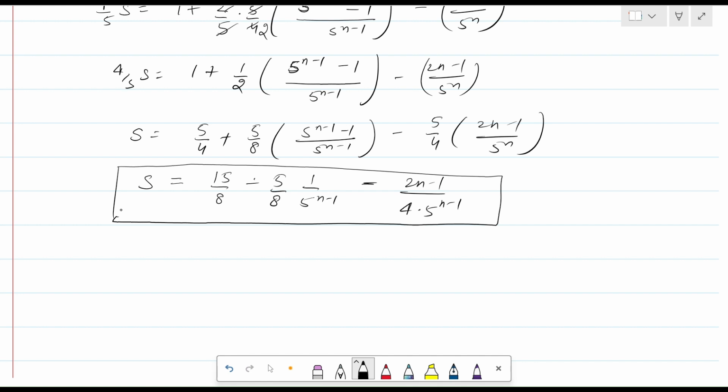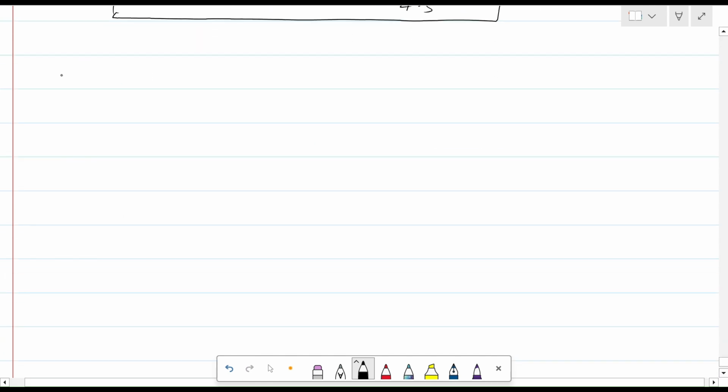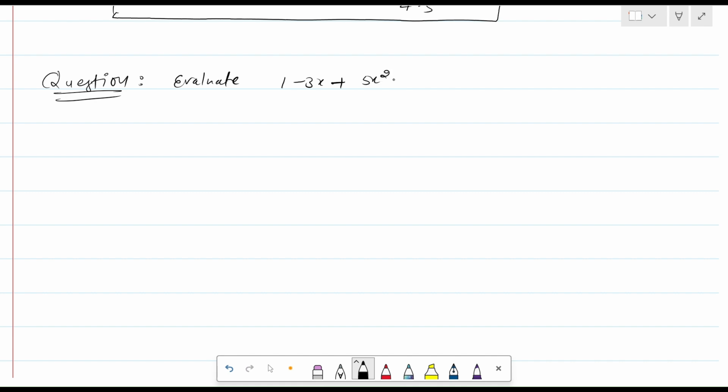Now we have to find. Now the another question is evaluate 1 minus 3x plus 5x square minus 7x cube and so on tends to infinity, where x is less than 1.